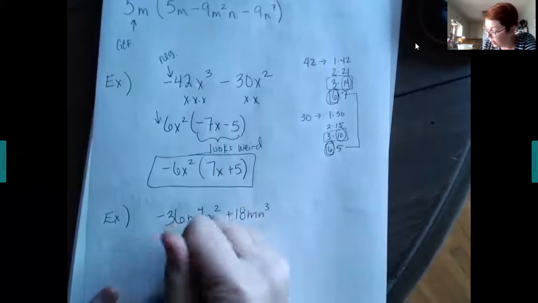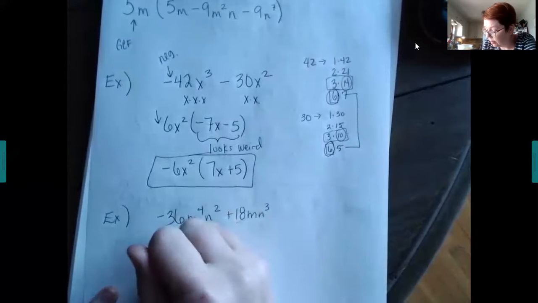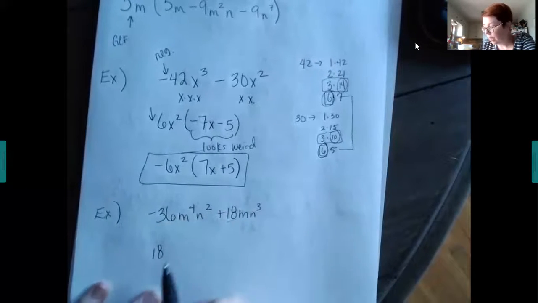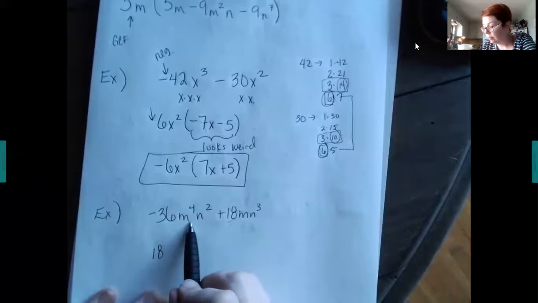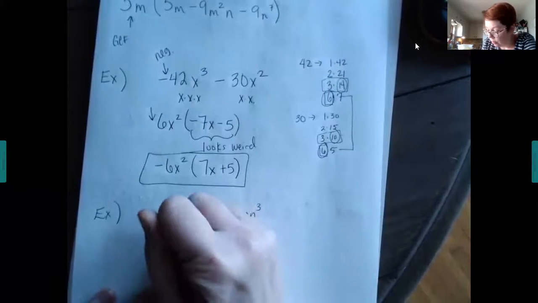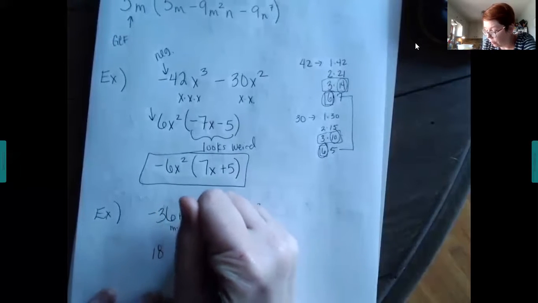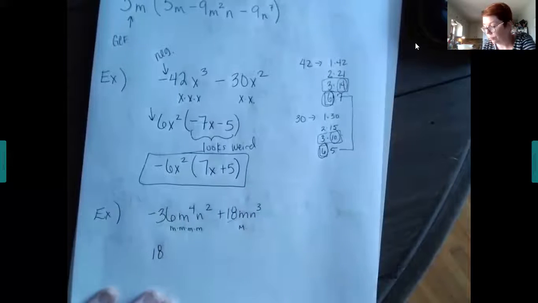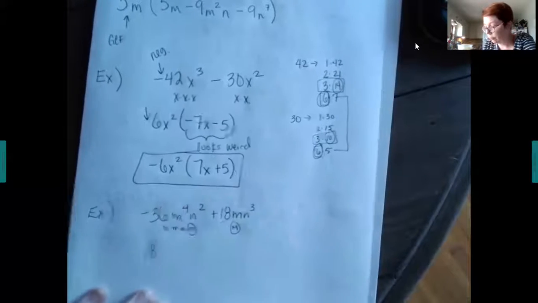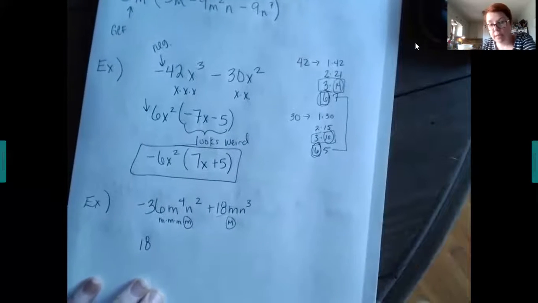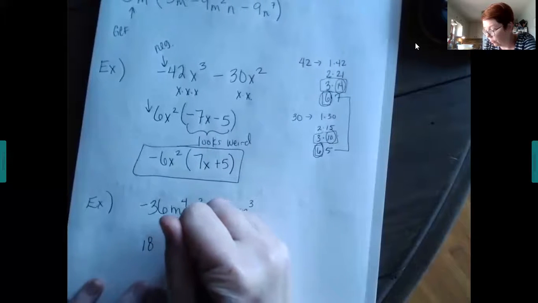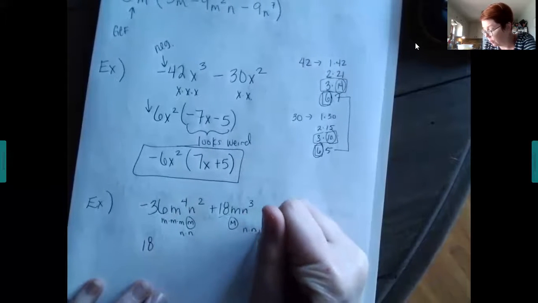So our number-wise will be 18. And then how many m's can we take? Well, this has 4, but this only has 1, right? So I can only take 1. How many n's? This has 2. This has 3.